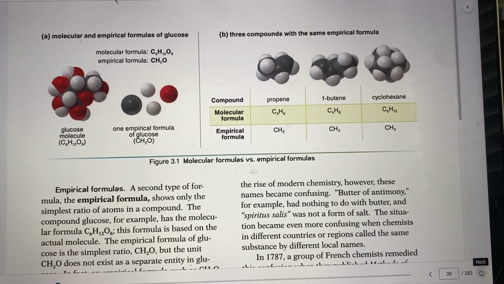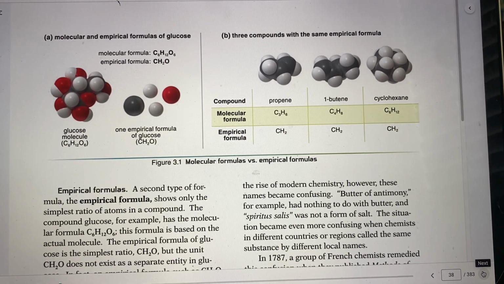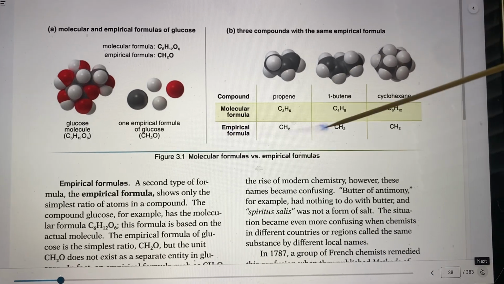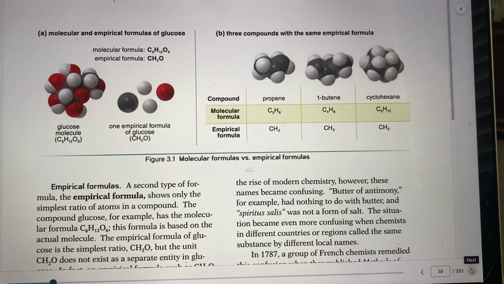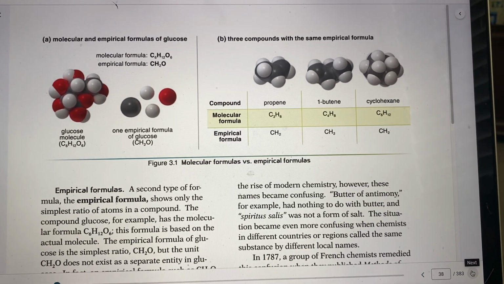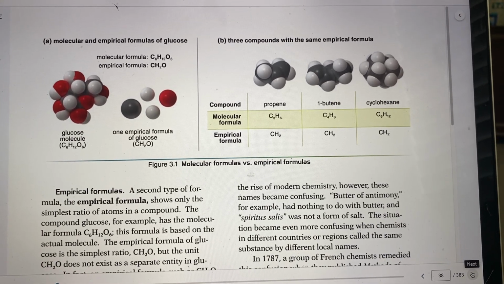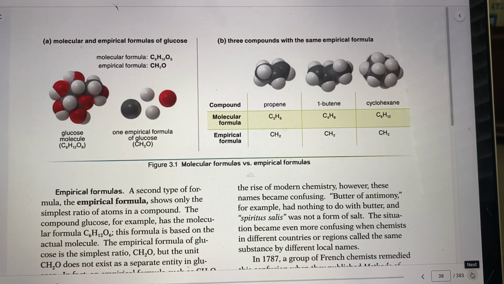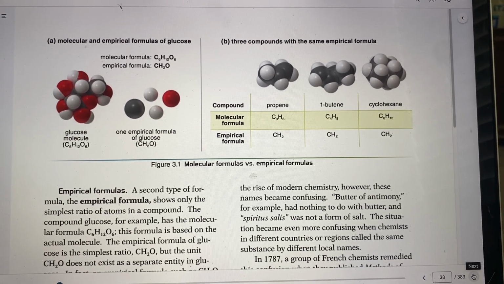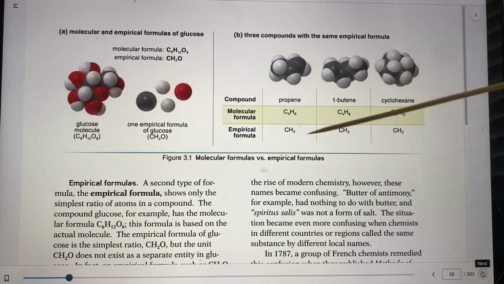So a formula unit, as we see here, the simplest ratio, this empirical formula, is basically used with ions, because ions hook together by their electrical charge: cations have a positive charge, and anions, as we know, have a negative charge. When they hook together, it's in this empirical formula.